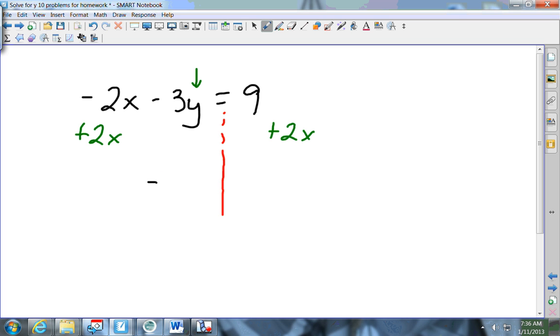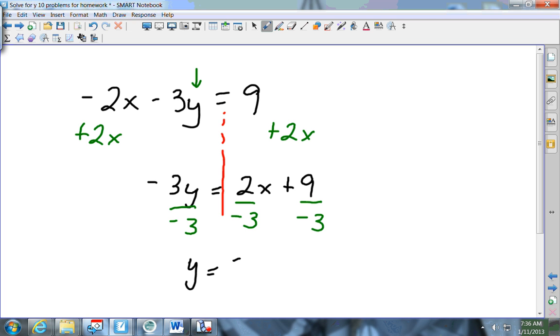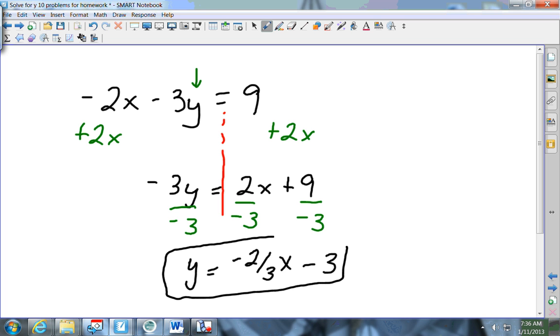I get negative 3y equals 2x plus 9. I'm going to divide by negative 3. And right here I've got y equals negative 2/3 x minus 3.